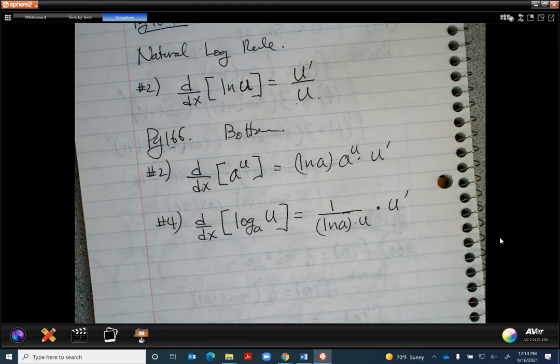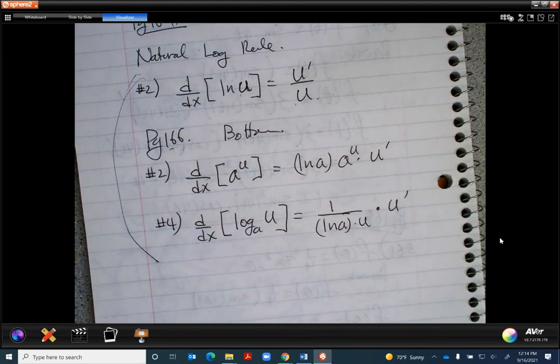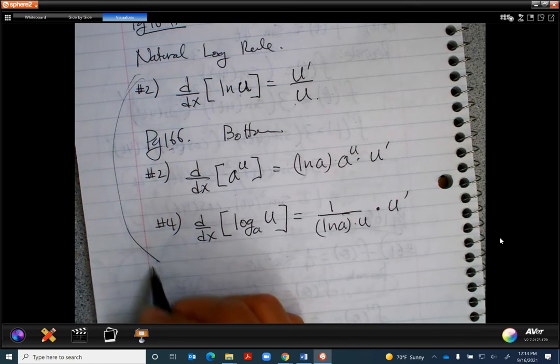Okay, so I'll give you time to copy these 3 rules. So far today we have learned a total of 4 new rules. If you count up all the rules we've learned up to this point, do you know how many rules we have learned? No, not that many. Go to page 167.